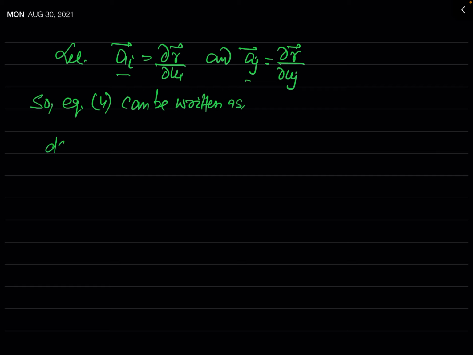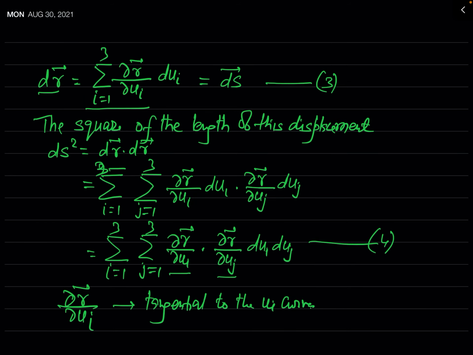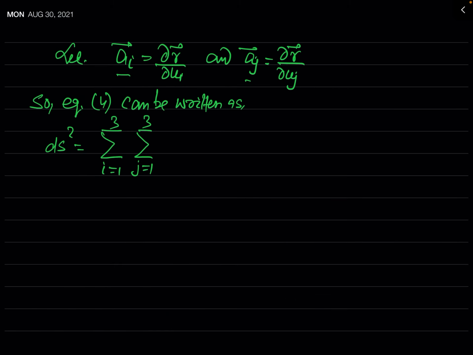ds square equal to summation over i 1 to 3, summation over j 1 to 3, and instead of del r by del ui we write the vector ai, dot aj, dui duj.